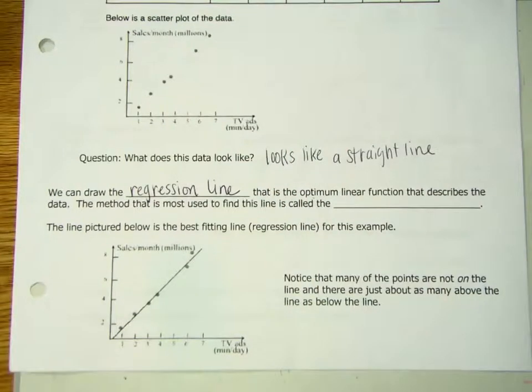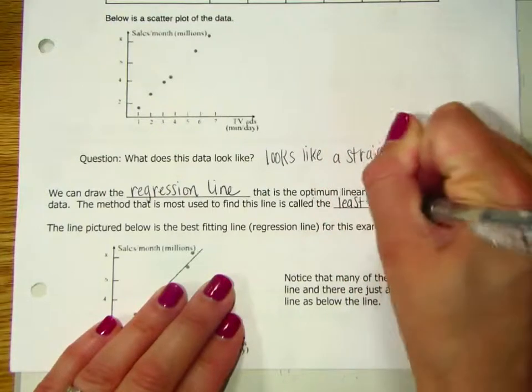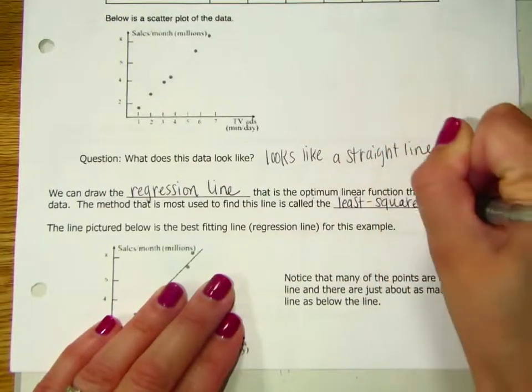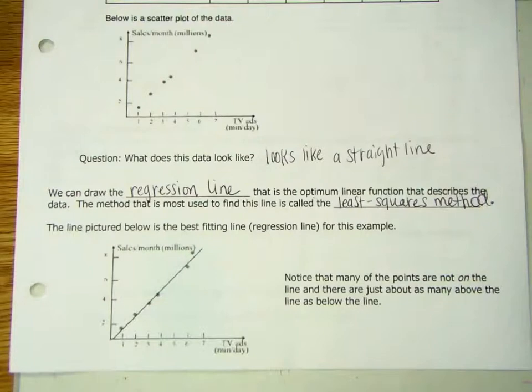The method that is most used to find this line is called the least squares method. If you end up taking a stats class, you'll probably do that by hand. I remember doing that in a college stats class by hand. It's just a lot of tedious calculations. But we have these beautiful things that will do it for us. Okay.